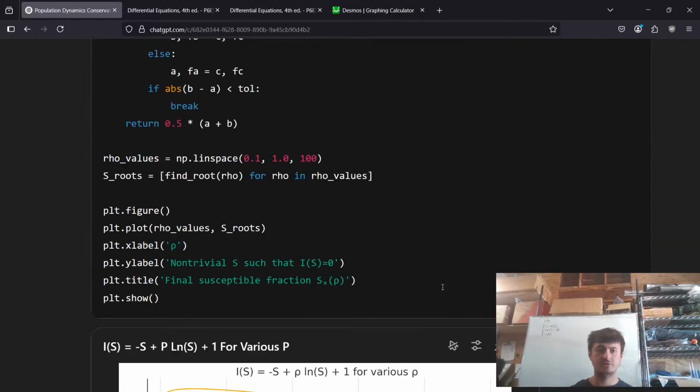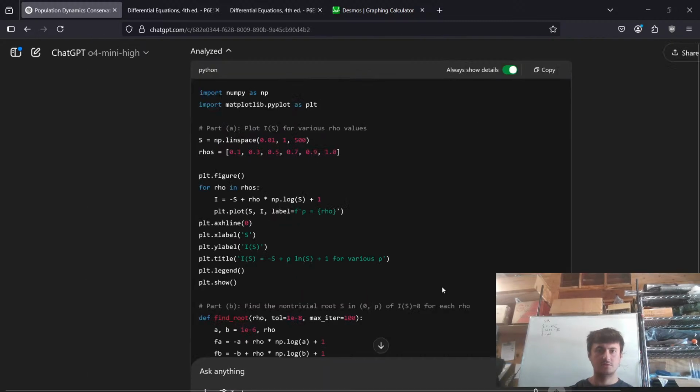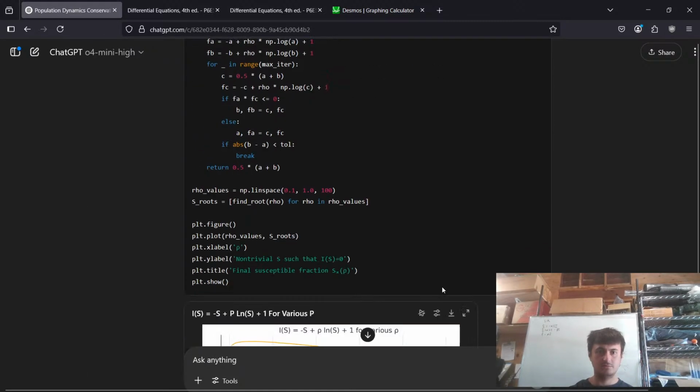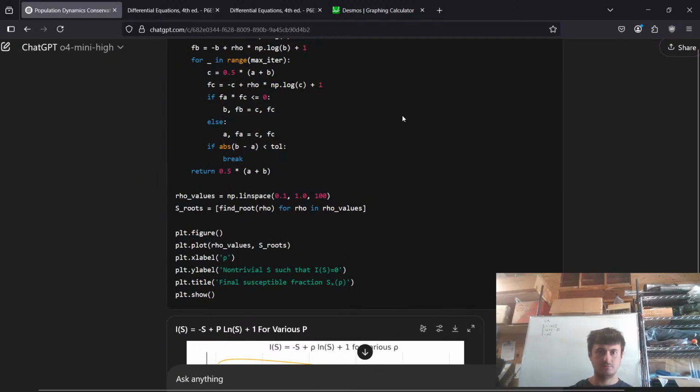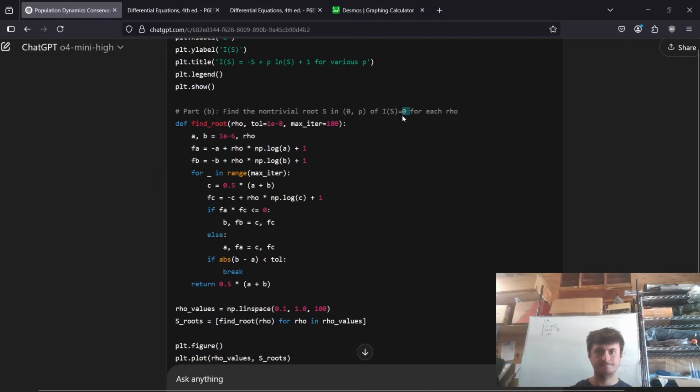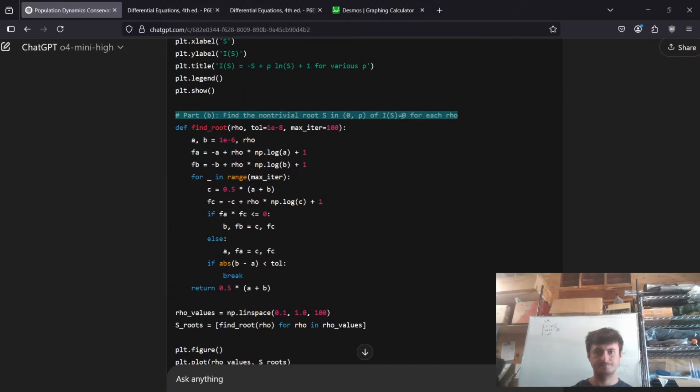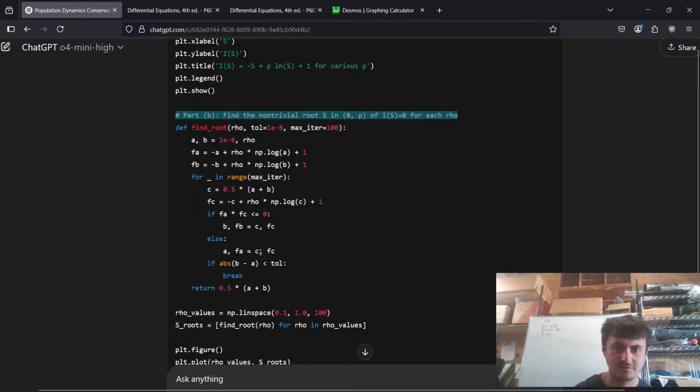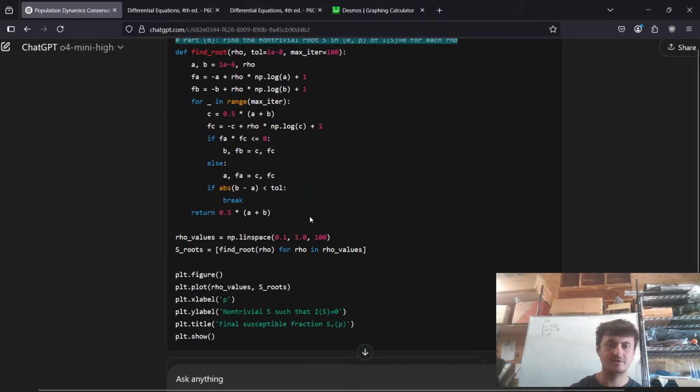Let's see what the code says. Wow, it did like a Newton's method type of thing. What the hell?